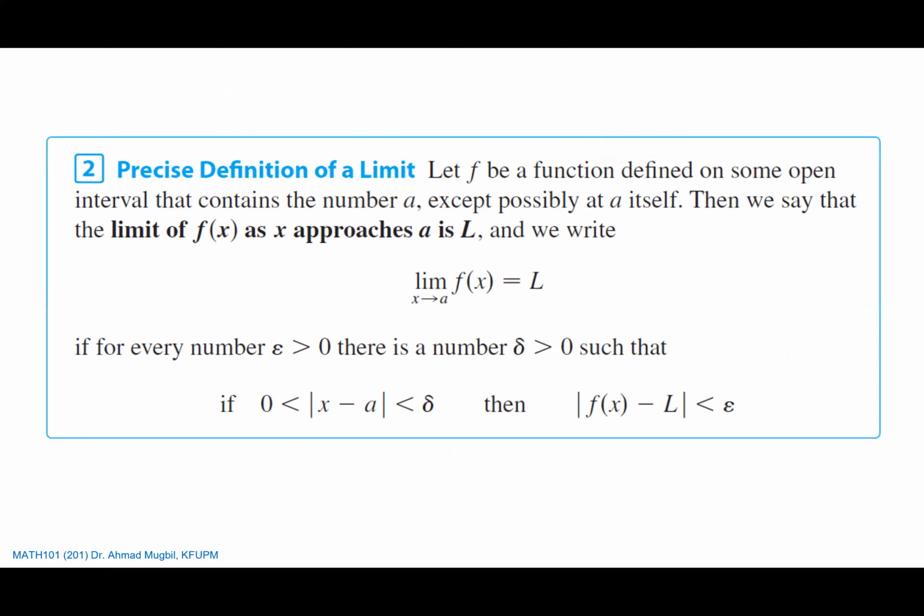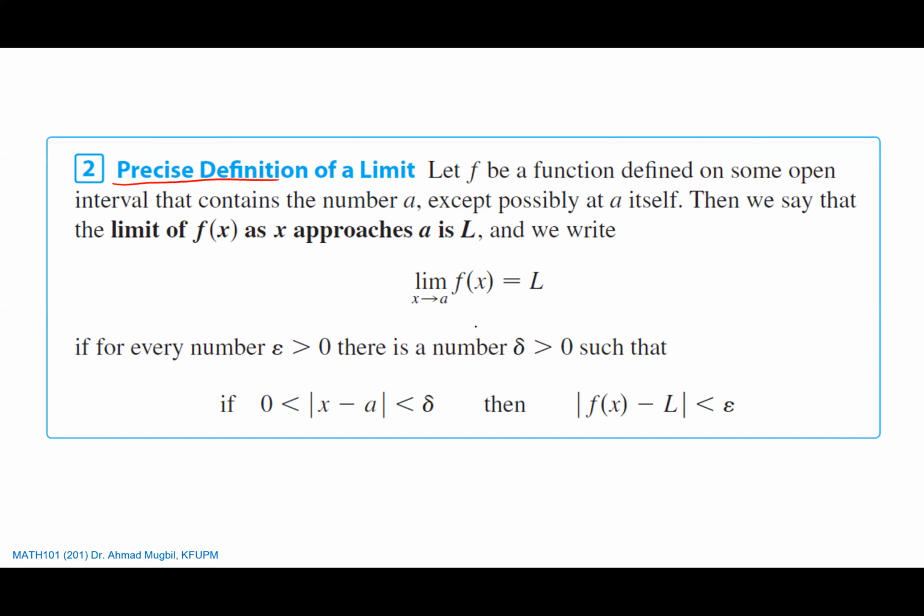Now, this is the formal definition, the precise definition of the limit. If you have a function that is defined near A, then we say that the limit of the function as x approaches A is L, and we write it this way.